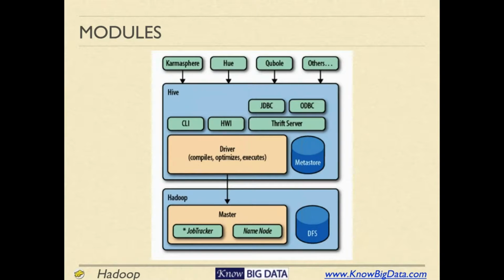So you write that query and it picks up the information about the actual files from the Metastore. Given a query and a metastore, it prepares the MapReduce and then runs it on Hadoop. So that's the main thing that goes on here.